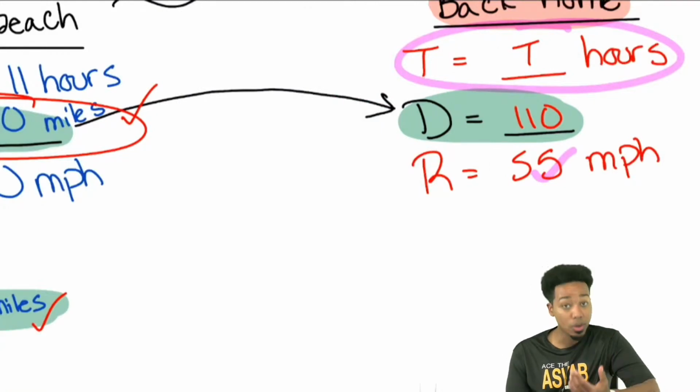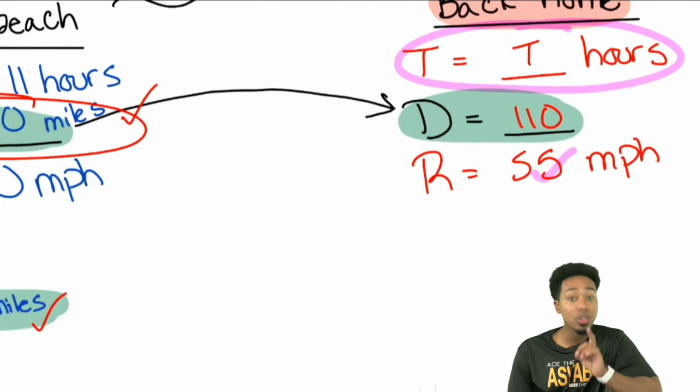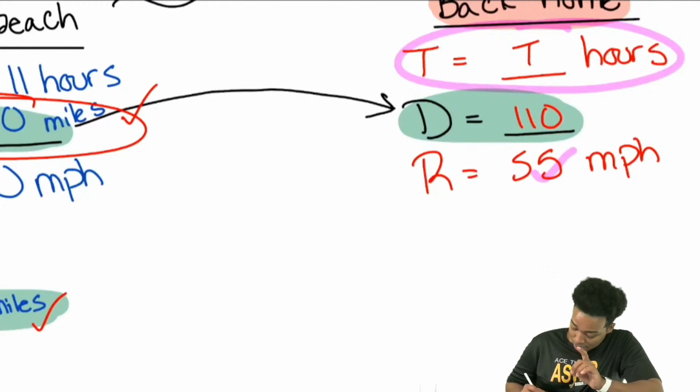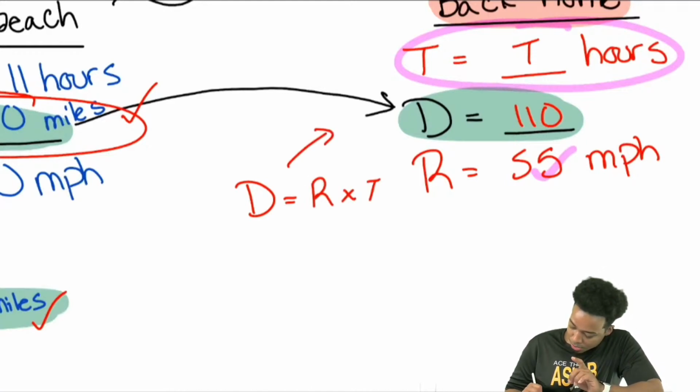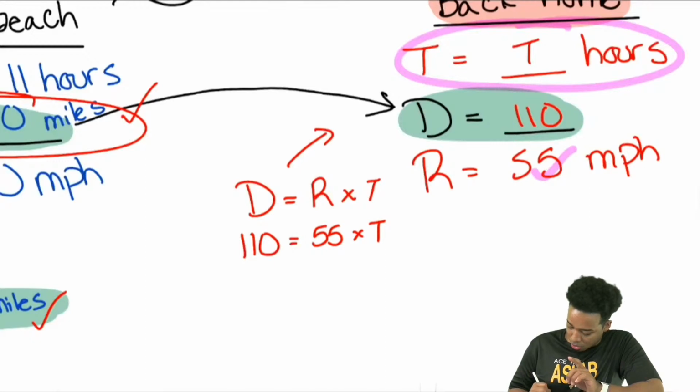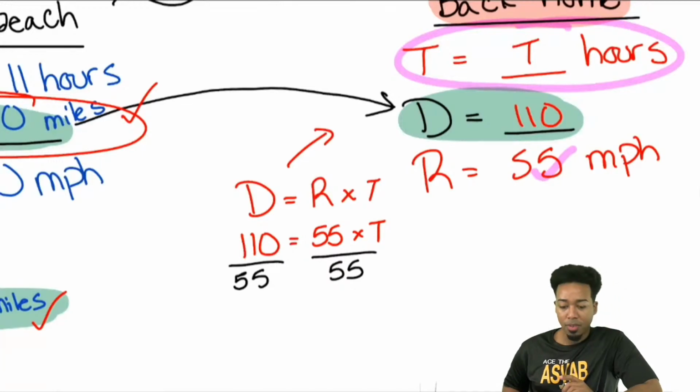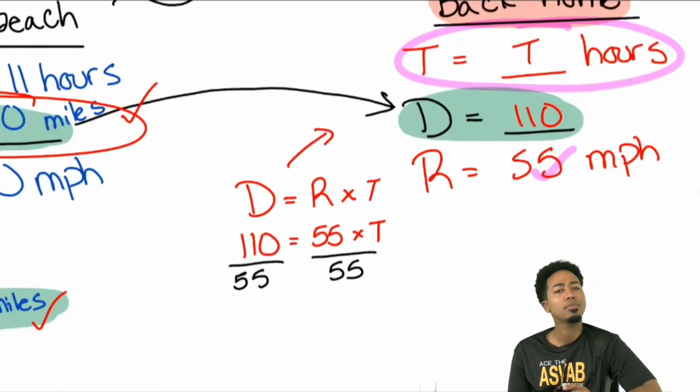And because we know that, I know we took a little bit of time to get here, but now we can set up this distance equals rate times time formula and be done. Because the distance that we have is 110, the rate that we have is 55 times t, and now all we have to do is divide both sides by 55, and we're done. Everyone, what's 110 divided by 55?